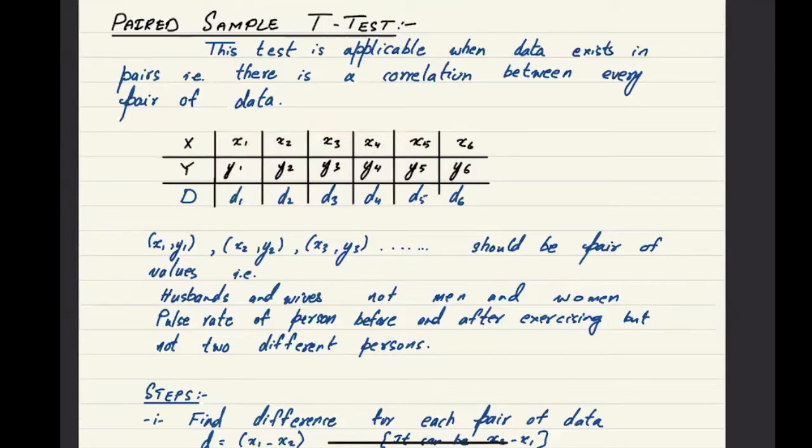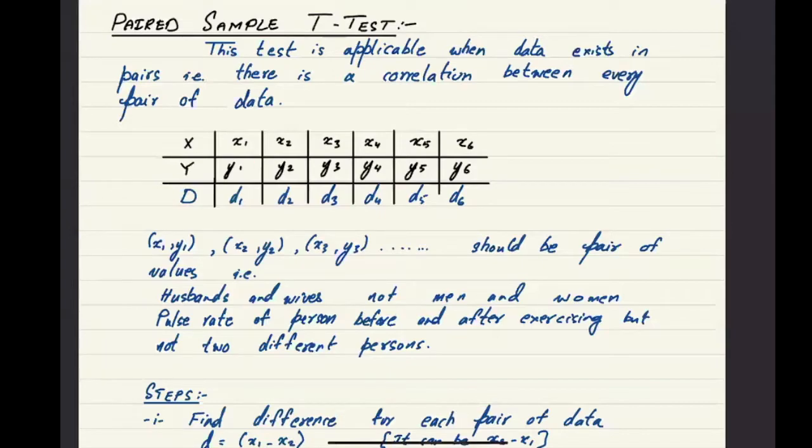Instead of 6 boys and 6 girls, if you have 6 pairs of siblings, that means a sibling boy and sibling girl, then it would be paired data. Anything of that kind, or a test on the same person before and after.